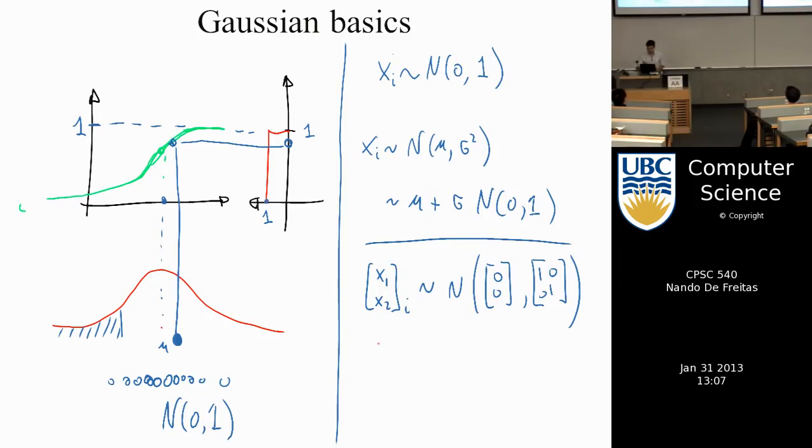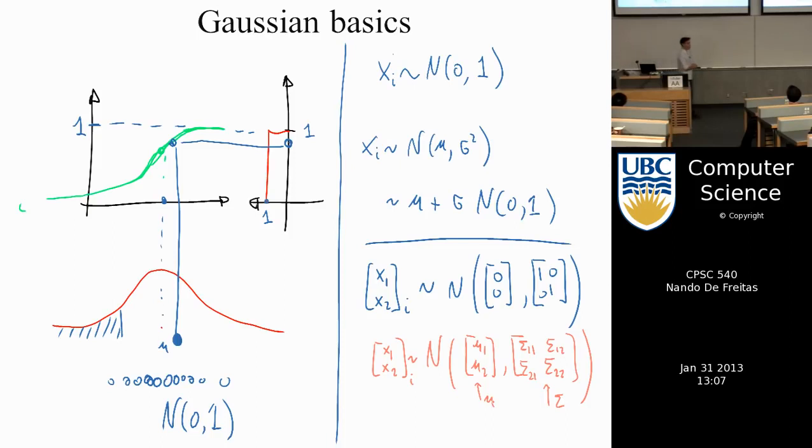Finally, if I want to now draw the vector x1, x2 from a multivariate Gaussian that has an arbitrary mean, mu1, mu2, and an arbitrary covariance, sigma 1, 1, sigma 2, 2, sigma 2, 1, sigma 1, 2. Let me call this matrix sigma, and let me call this vector mu for simplicity.